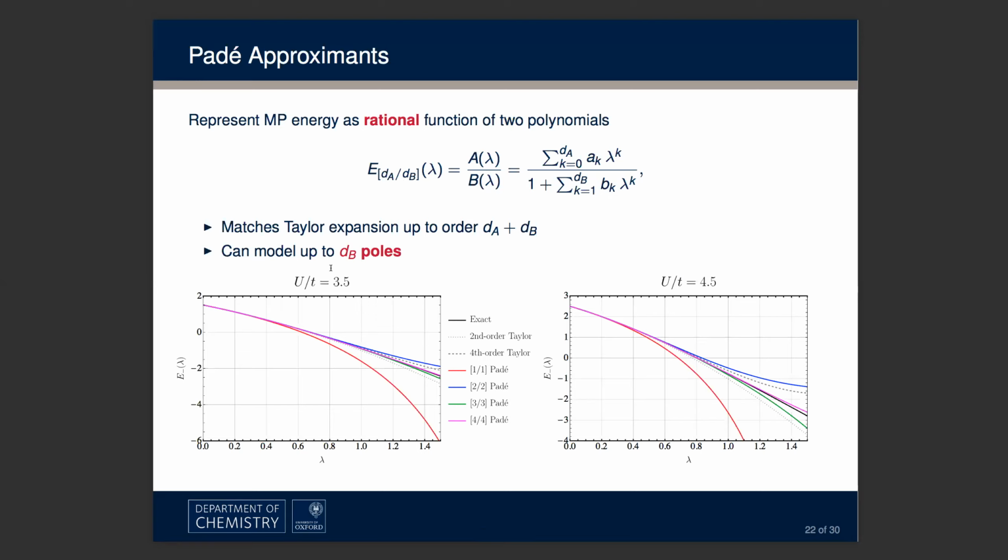So what we see if we take our RMP series is that while the Taylor series expansions are not particularly great here in the strong correlation or stronger correlation, the Padé approximants are providing a much better approximation to our exact energy surface.